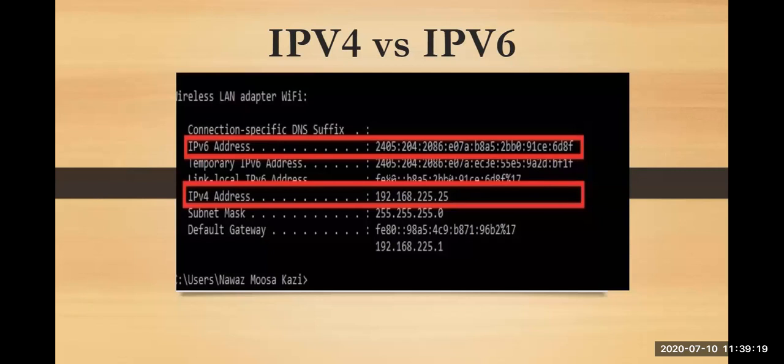Next, IPv4 supports VLSM, that is variable length subnet mask. IPv6 doesn't support VLSM.